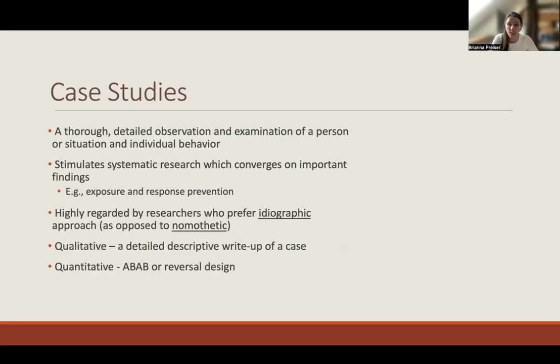So unlike the methods that we've reviewed so far that involve a large number of participants, case studies involve a thorough and detailed examination of either one person or one situation. Typically they involve descriptive observations of an individual's behavior and then the researcher's attempts to interpret that behavior.